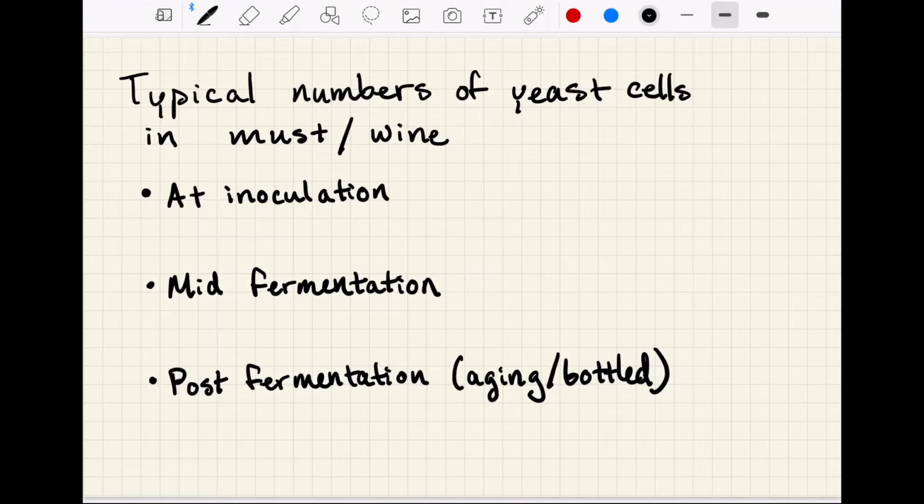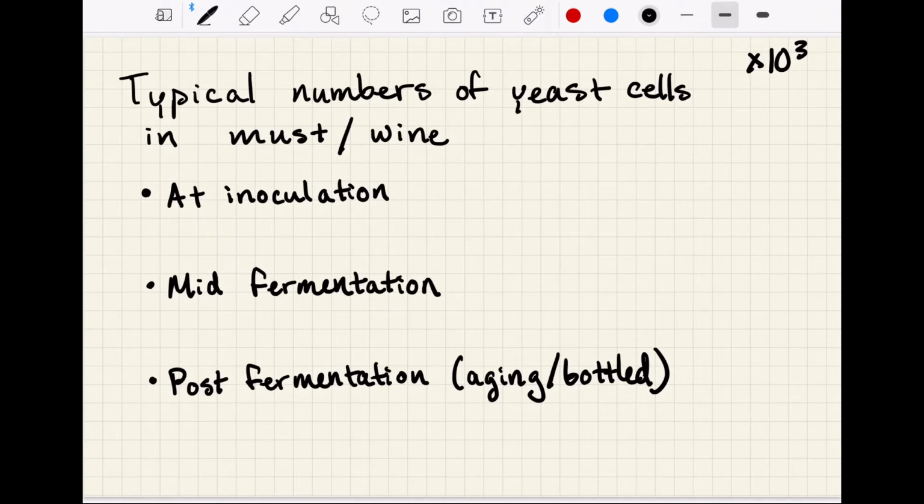What that means is that instead of writing out all those zeros, we keep the first digit in the ones place and then write times 10 to some exponent, where the exponent indicates the number of places we've moved the decimal.